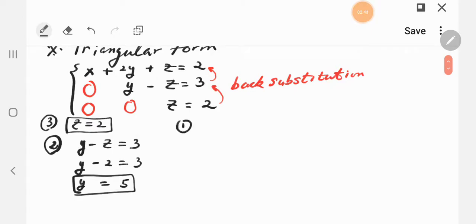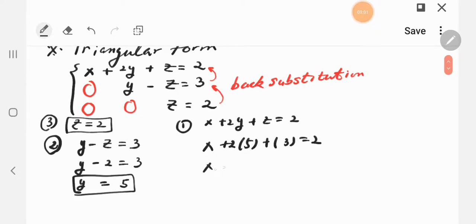Okay, then from the first equation, let's find the x value. Write down the first equation and then replace the y and z values. Y is 5, so 2 times 5, and z is 2. Then x plus 10 plus 2 is equal to 2, so x plus 12 equals 2.